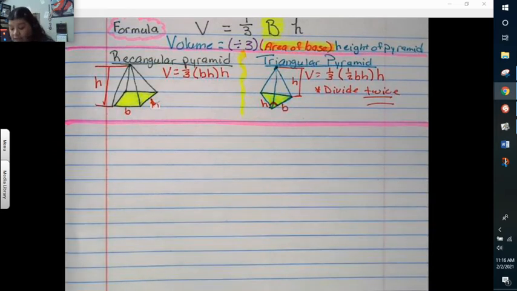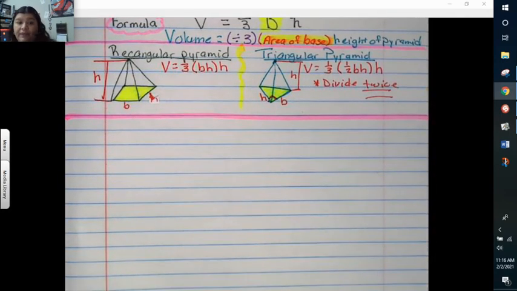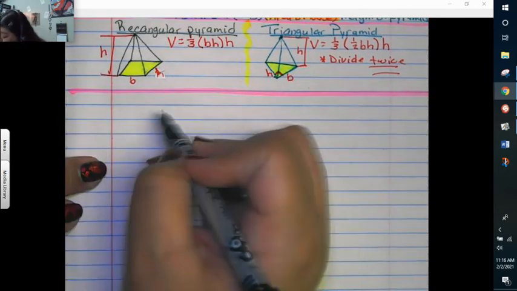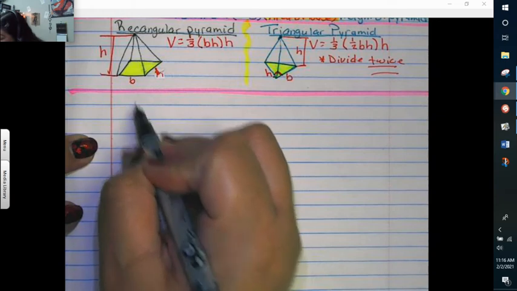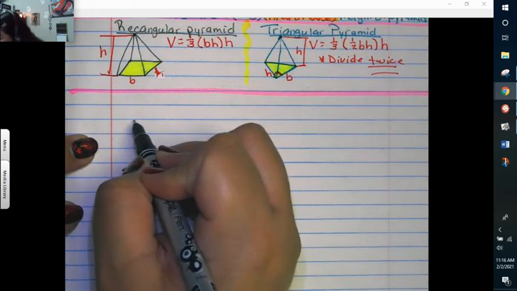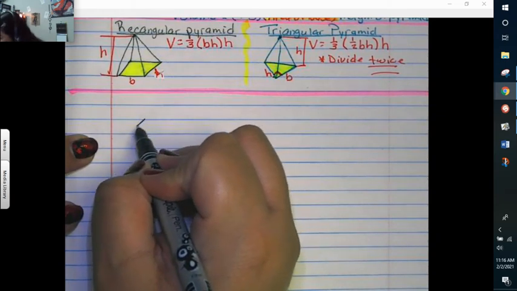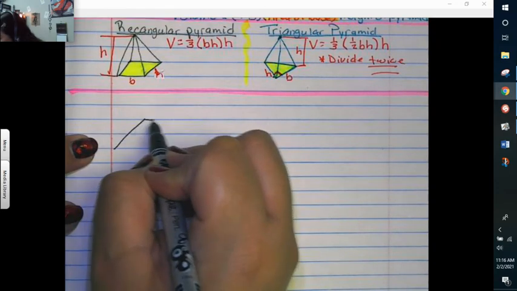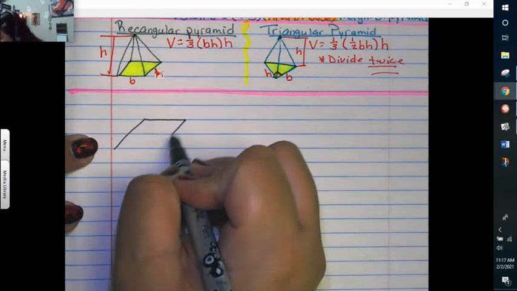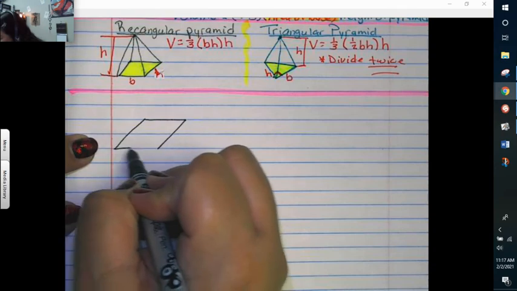All right, let's get into the examples. Okay. Get my fine point pen here. And we're going to start off with a square pyramid. So if you remember how to do the square, I'm going to make a square that's kind of like a rhombus, because it's slanted.